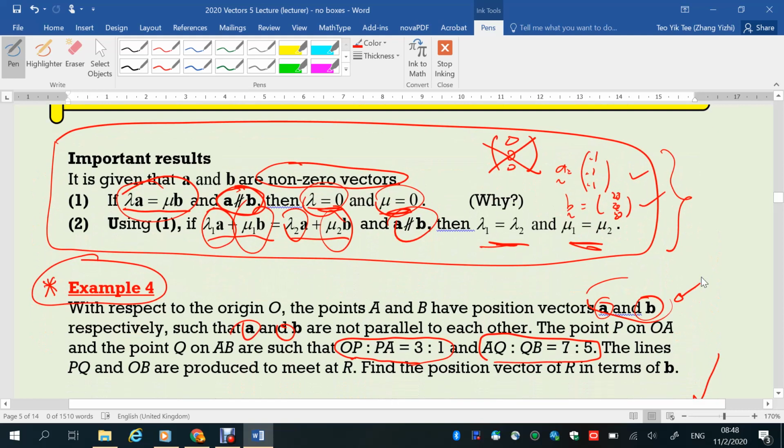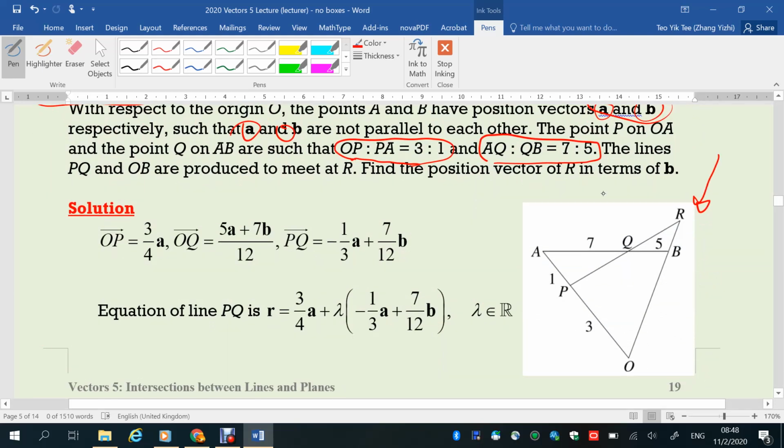Spend some time reading this question, generate a sketch on your own rather than looking at the sketch that I've supplied. The sketch I supplied is purely for lecture purposes, so a lot of thought process has actually been bypassed. So my advice: pause the video, draw the sketch, and see whether you can generate a similar looking diagram on your own. That's the first task.